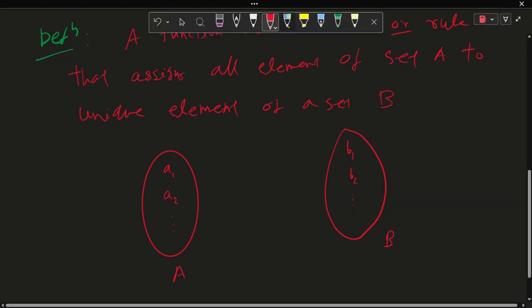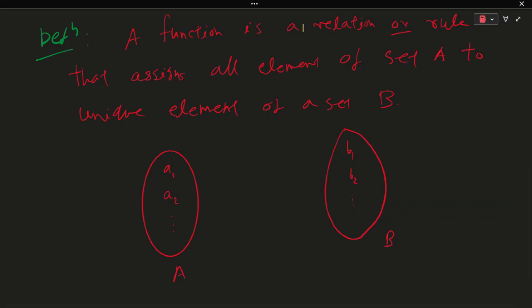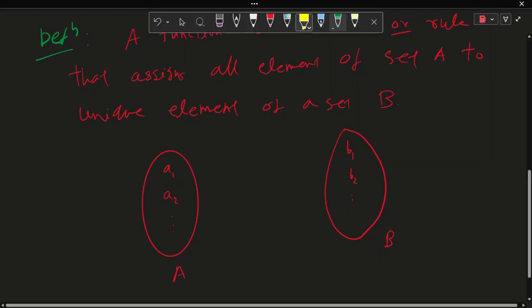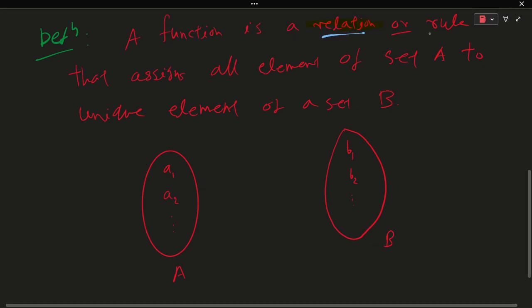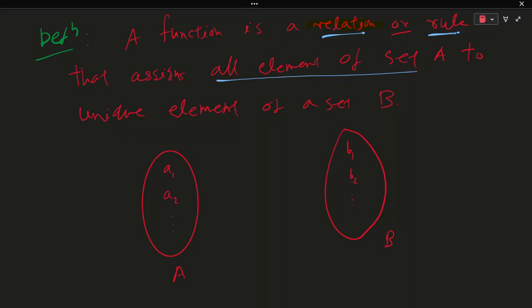Function is a special type of relation. Function is a relation or rule that assigns all elements of A to a unique element. This is important. Okay, unique element of a set.